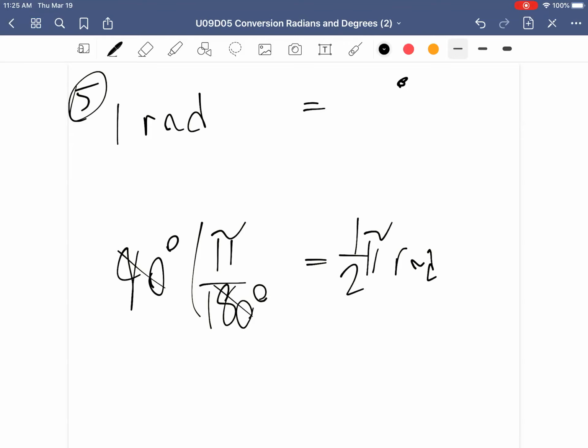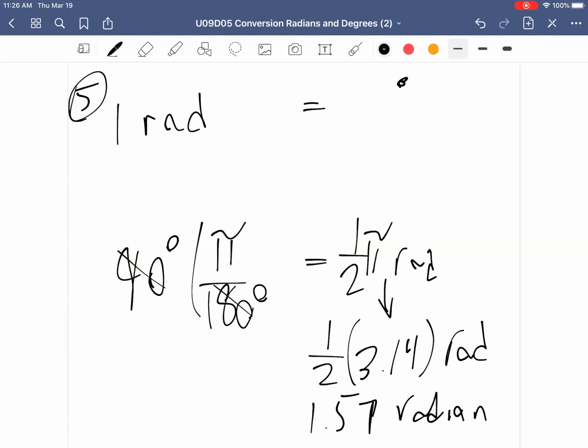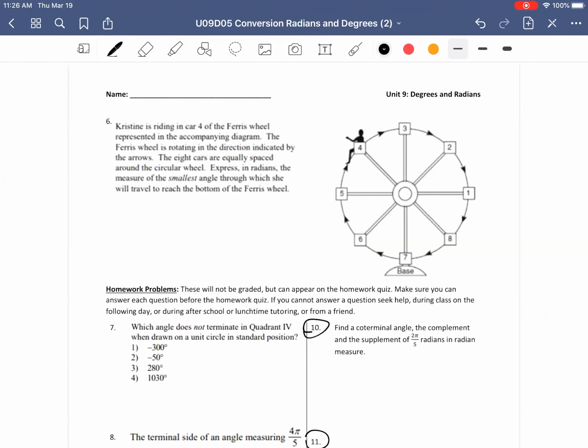But I could very easily have just written that as half of 3.14 radians and divided, so that would be 1.57 radians. So you don't need to write pi. Usually you write pi because it means you're using an exact value instead of an estimated value like 3.14, but it's the same exact question. Convert, and then look at the circle.